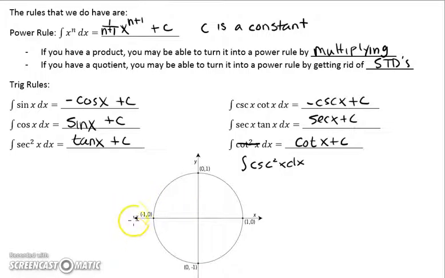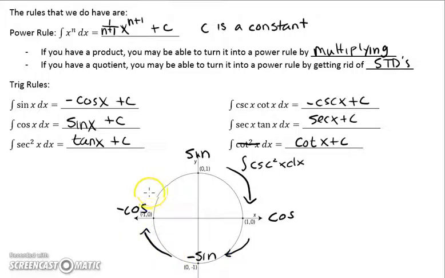When we were doing our derivative rules, we took a look at this little unit circle and said that sine is going to be positive here, cosine is going to be positive here, sine is going to be negative down here, cosine is going to be negative over here. And we said as we go clockwise around the circle, we're taking derivatives.